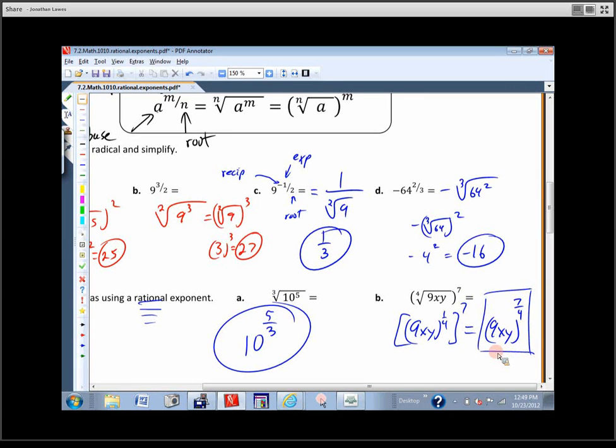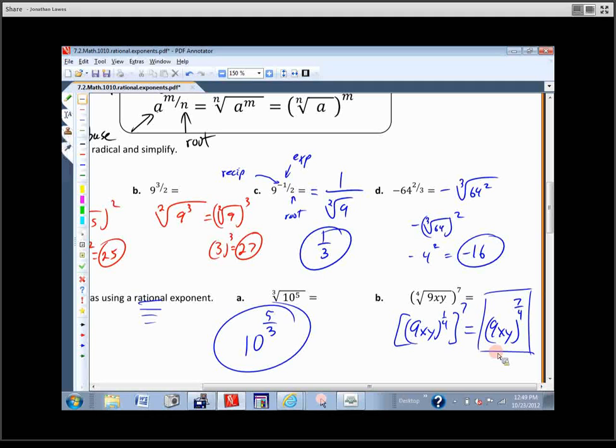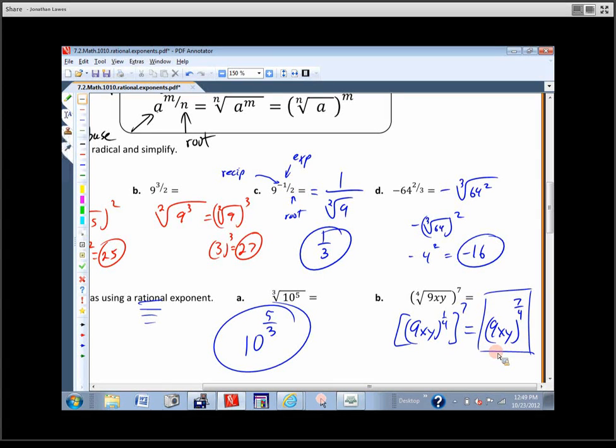Yeah. So if we already knew that the outside exponent goes on the top and the index is going to be on the bottom, we just do that. Sure. Can you go from the problem directly to the answer? Yes, you can, especially if you realize that the 4, the root, applies to all three of these factors, and so does the 7. It would be a little bit different if we did something like this.